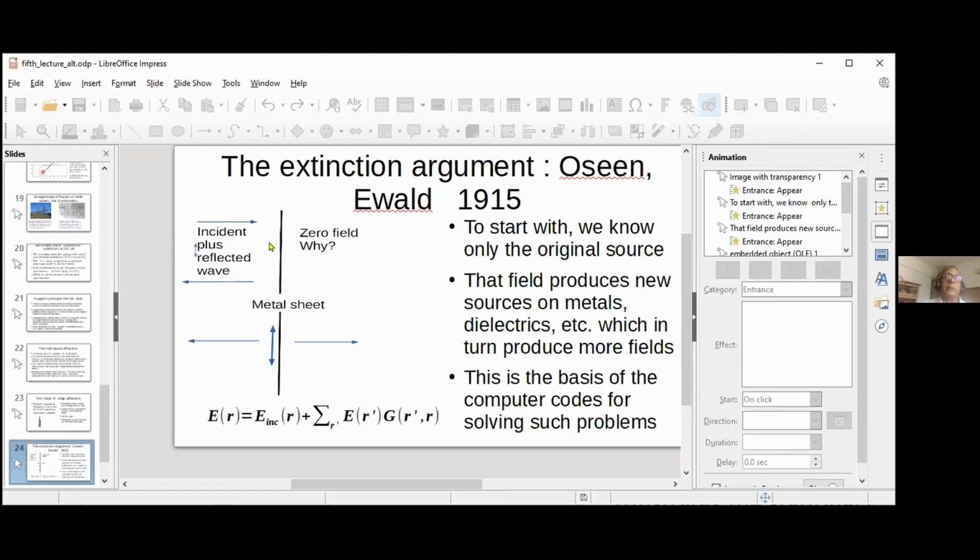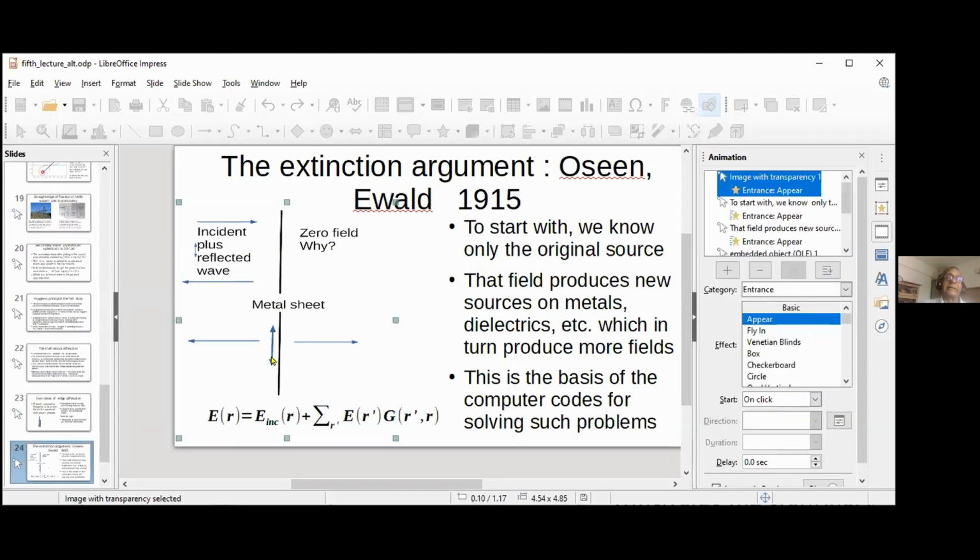Now, what about all this metal? They are also some other charges. So maybe they will start oscillating, and they will also radiate some other waves. So suppose you now think of currents in the metal sheet. Now I have currents in this metal sheet. They are produced by the electric field of the incident wave. But once you put currents in a metal sheet like this, is there any reason why it would not radiate in both directions?